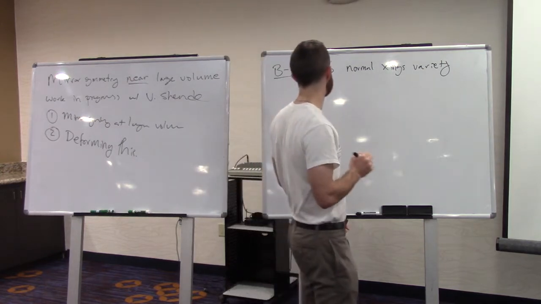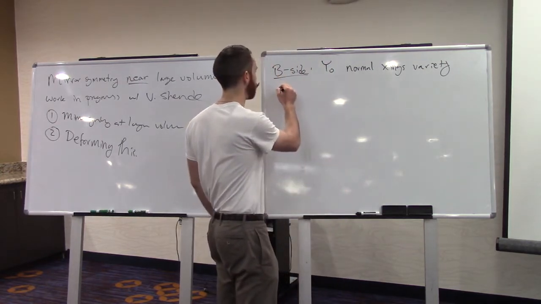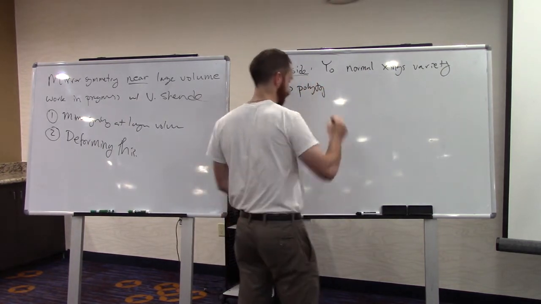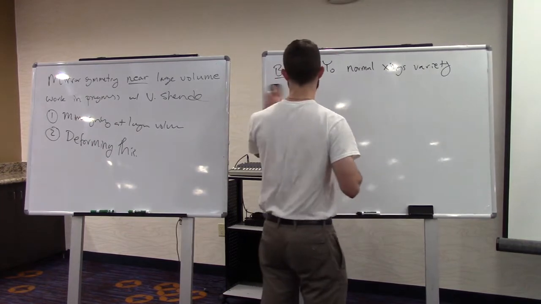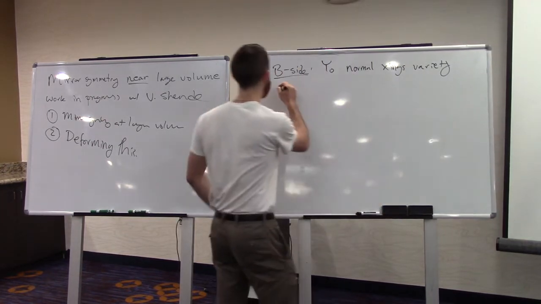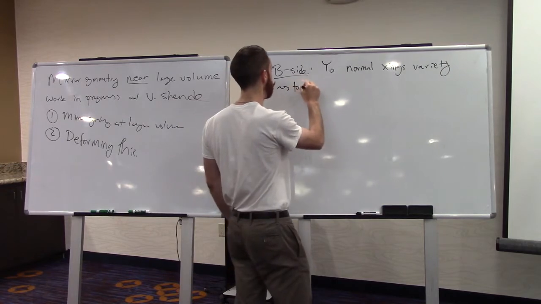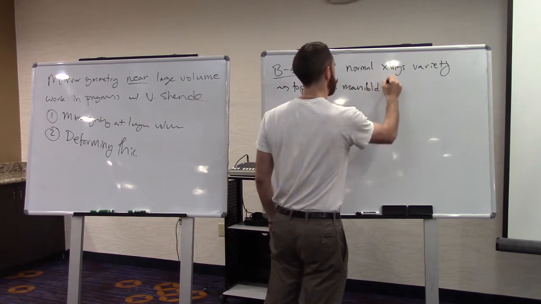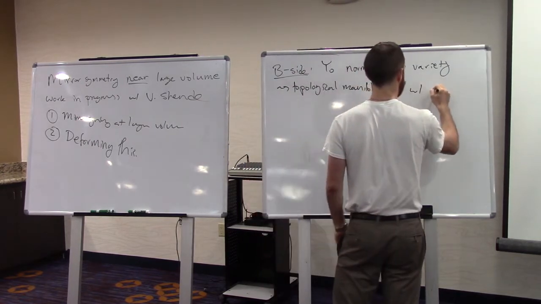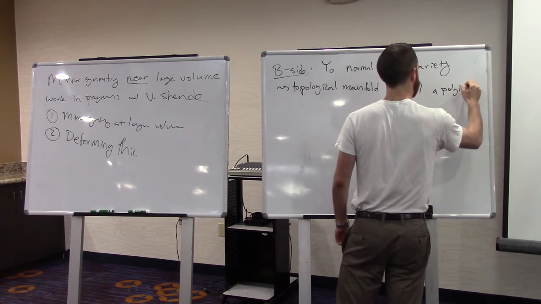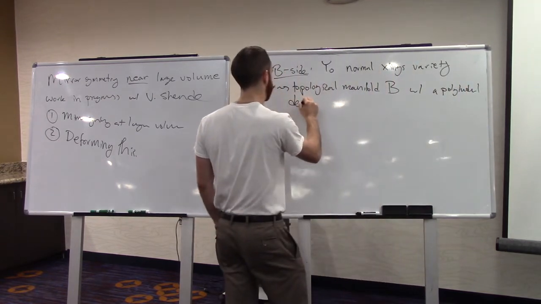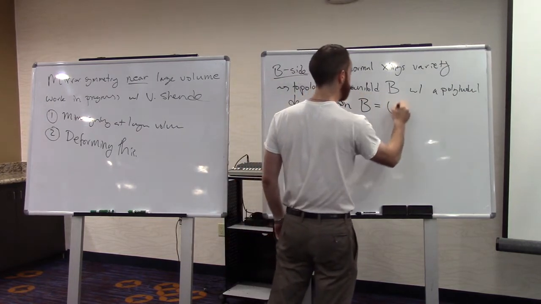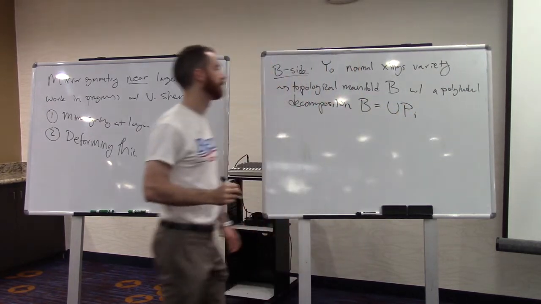What I want to do with it is I want this to come from a polytope. Let me say, for the moment, I'm going to want a topological manifold, which I'll call B, with a polyhedral decomposition. So this expresses B as a union of polytopes.